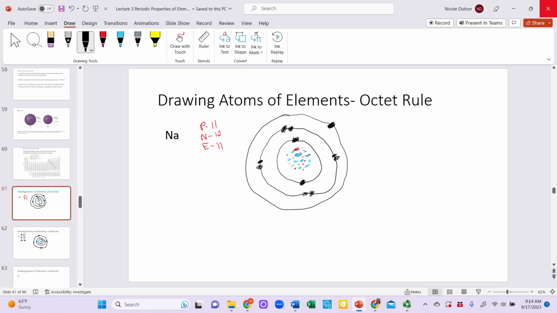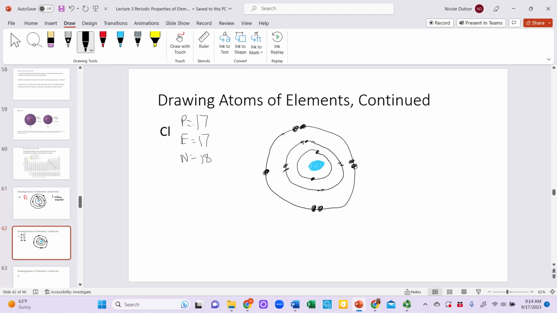For sodium, we had 1 electron in the outer shell. When you have electrons in the outer shell, those are called valence electrons. So sodium has 1 valence electron, while chlorine has 7 valence electrons. And electrons I sometimes abbreviate E-. Many people do as well, so if you ever see E-, you know that we're referring to electrons.